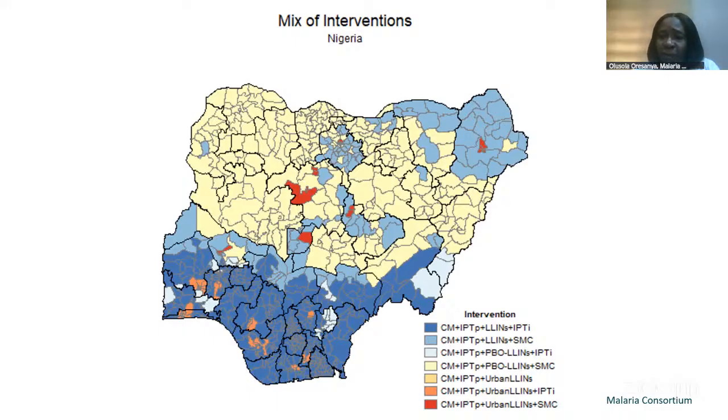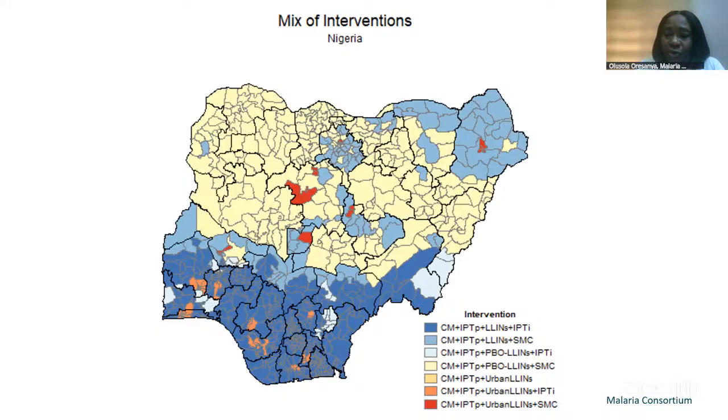So if you have a different type of resistance happening in a particular area, you cannot deploy the same type of net in that area. So even though bed nets are still recommended everywhere, the mode of delivery is not the same.